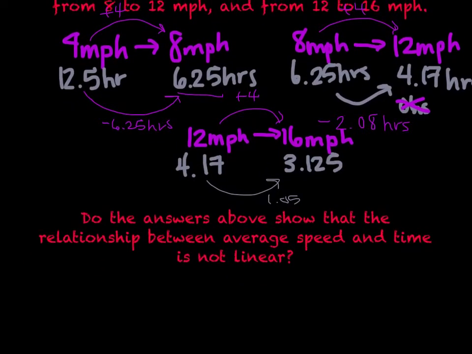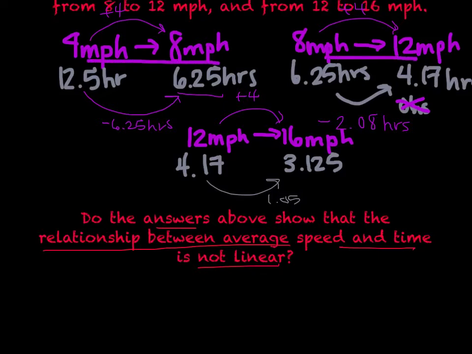So our last question here is this. Do the answers above show that the relationship between the average speed and time is not linear? And like we said before, when we're looking for linear situations, we're looking for a constant change in one variable versus a constant change in the other variable. And in this case, I am seeing a constant change in our miles per hour, but I'm not seeing that reflected in our hours in comparison.